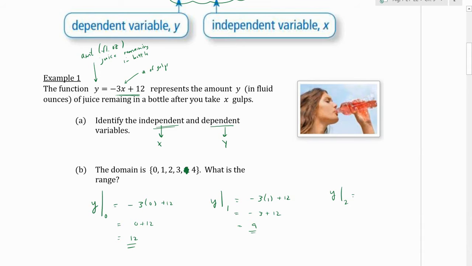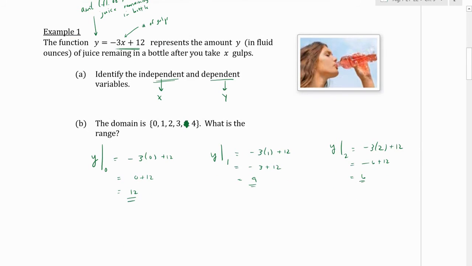When I take 2 gulps, I'll have 6 fluid ounces left. When I take 3 gulps, there's 3 fluid ounces left.